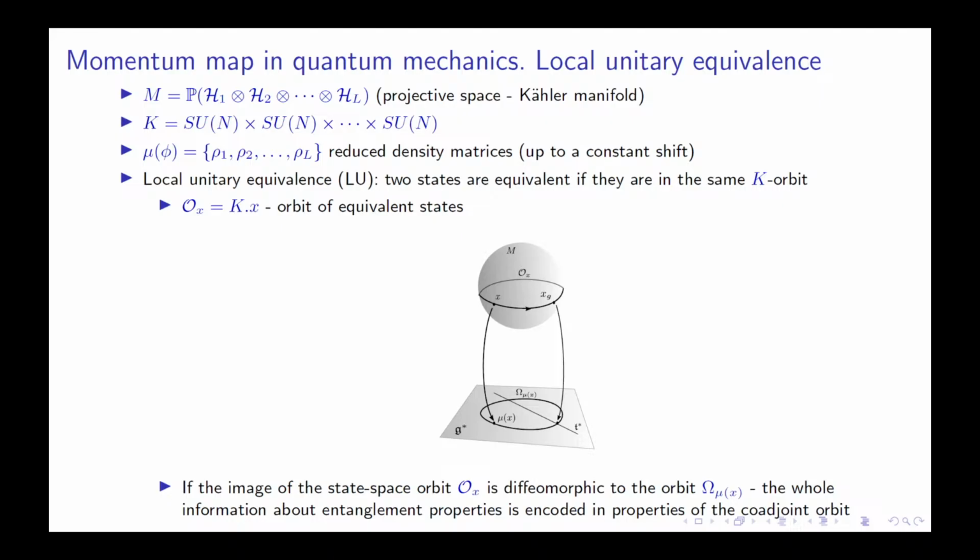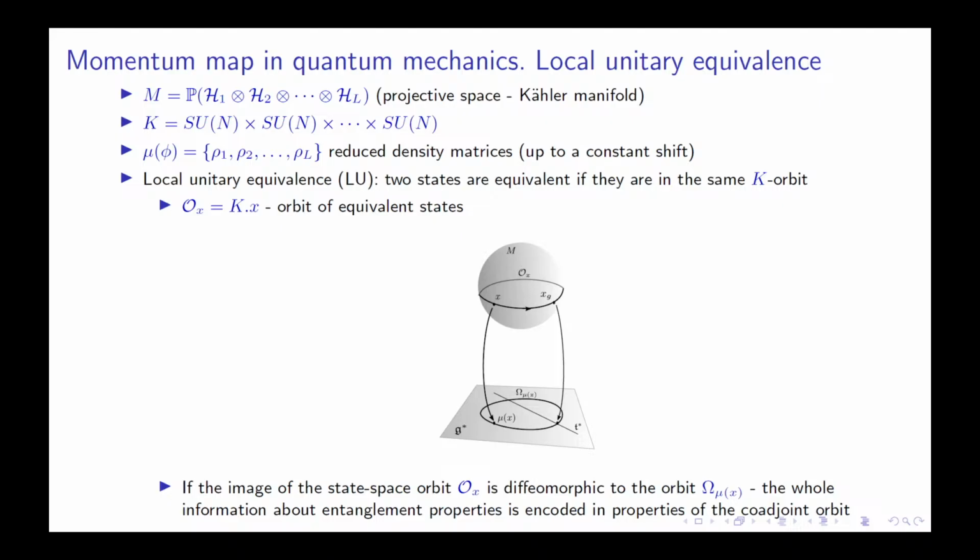Then I have a unique point here which characterizes this orbit, via this projection. It uniquely identifies this orbit, but somehow also characterizes the orbit upstairs.